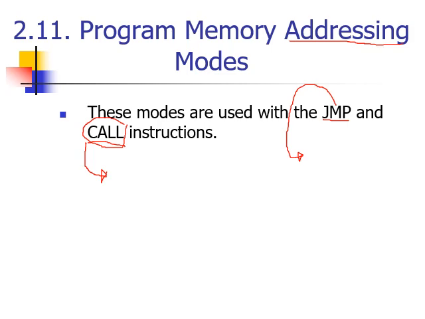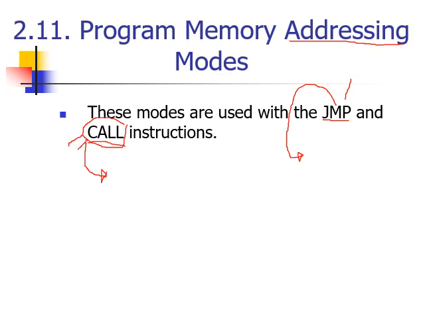It's given by this call. Okay, you call some subroutine or some program placed somewhere else aside from your main program. You address this by the call, and here you jump to some instruction by the jump. So jump addresses some memory location inside your code memory segment, as well as call.